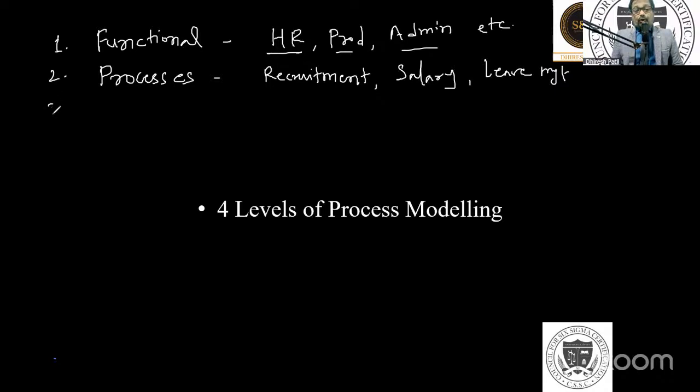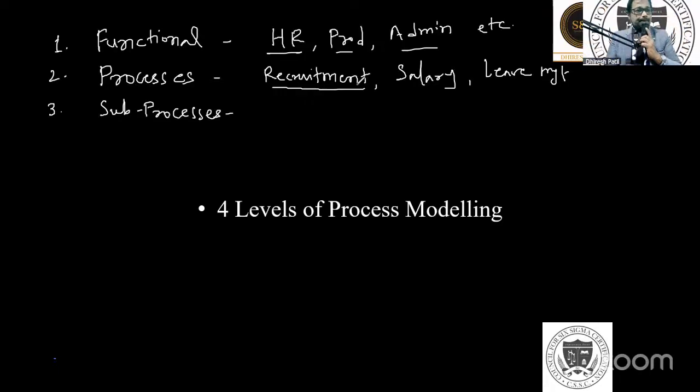Now in the processes there are sub-processes. What do you mean by sub-processes? For example, let's talk about recruitment. Let's break down recruitment as a big process, as an umbrella process. There are small sub-processes.